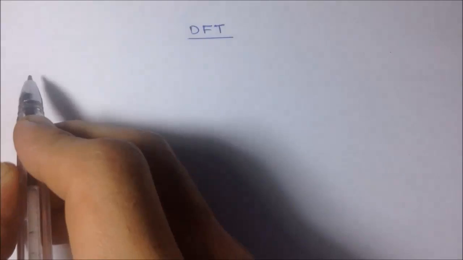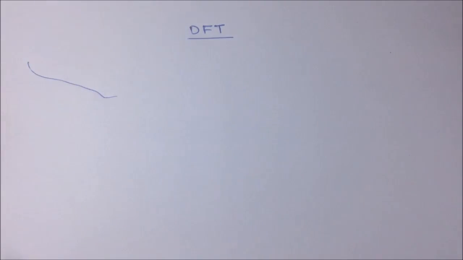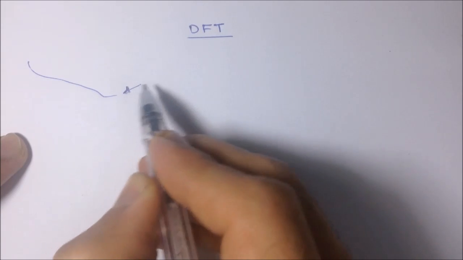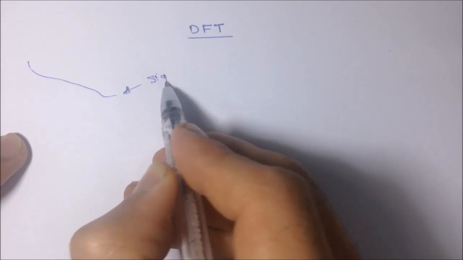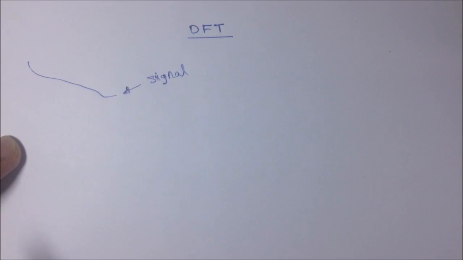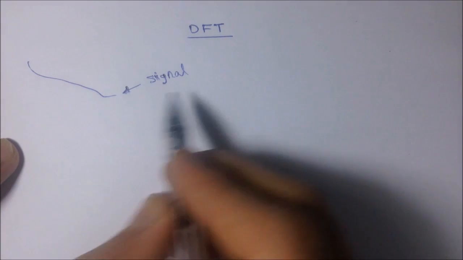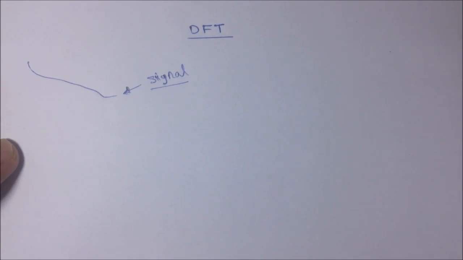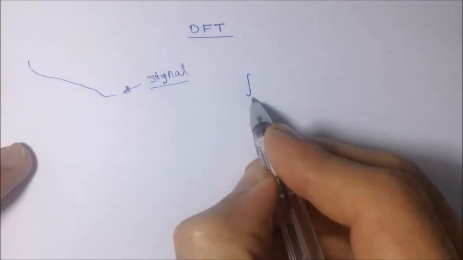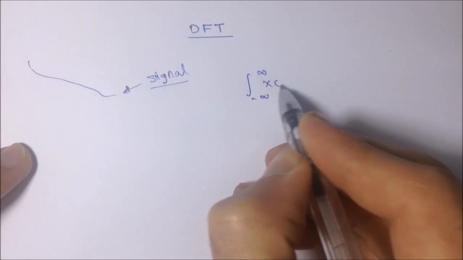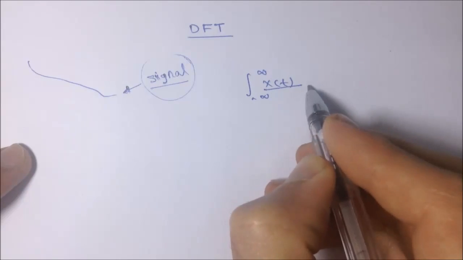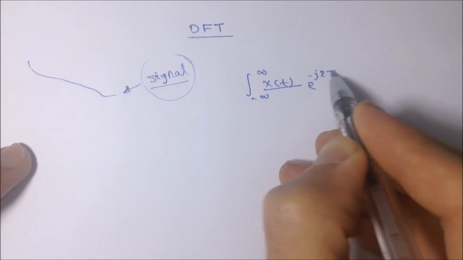I mean, if you're in a laboratory and you have a cord with an electrical signal flowing through it, and you want to know what the spectrum of the signal is. Now, the thing about the Fourier transform is that it requires an analytical expression of this signal in order to evaluate its spectrum.